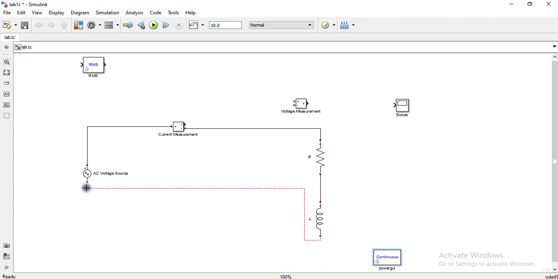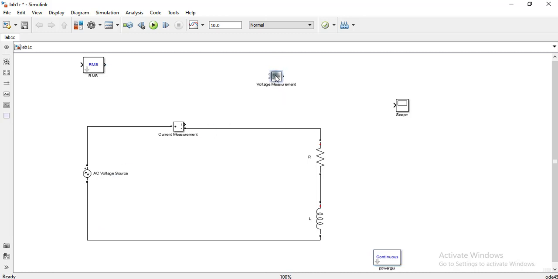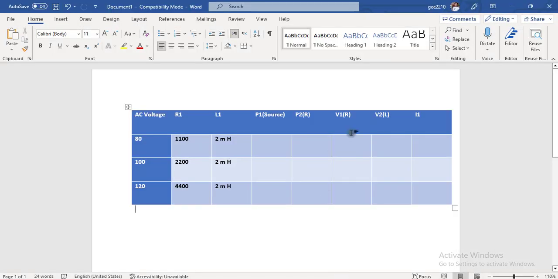It is always preferable to first create a series circuit, then after that add voltmeters. So I need V1, this voltage across the resistor, so I am connecting 1 voltmeter across the resistor and 1 voltmeter across the inductor.